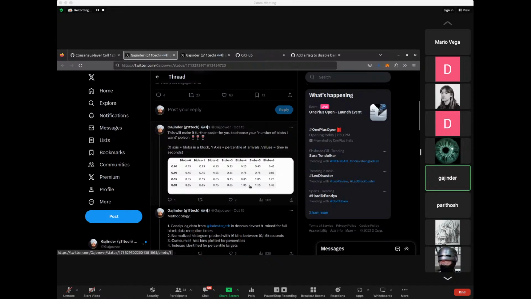We can see that blobs equal to 6 introduces quite a large amount of latency, and we can also assume all these nodes are in the same data center, so network latency is still not factored in.